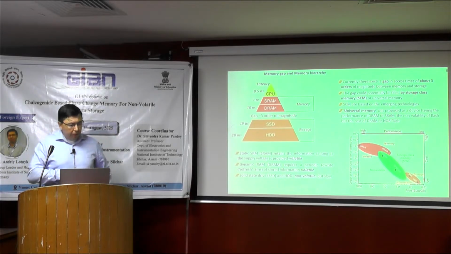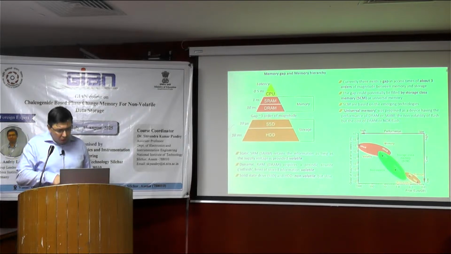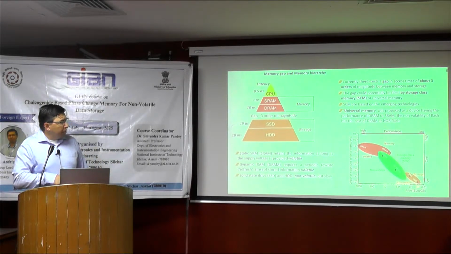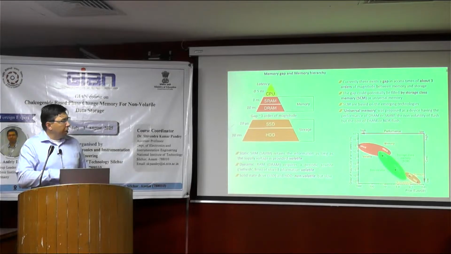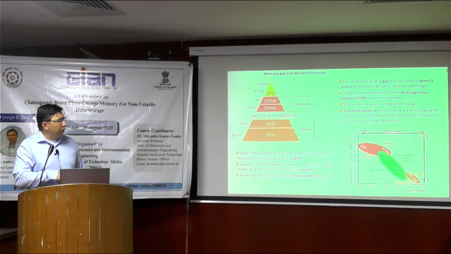Now, if you look at the cost of different technologies, storage is inexpensive, as you can see here. This is price per gigabyte versus latency. And memory, of course, is expensive because you need lithography here. But SCM is located somewhere in between, so someday it may replace and fulfill this gap.